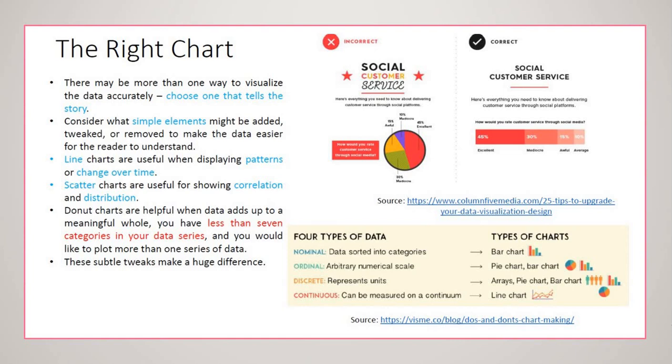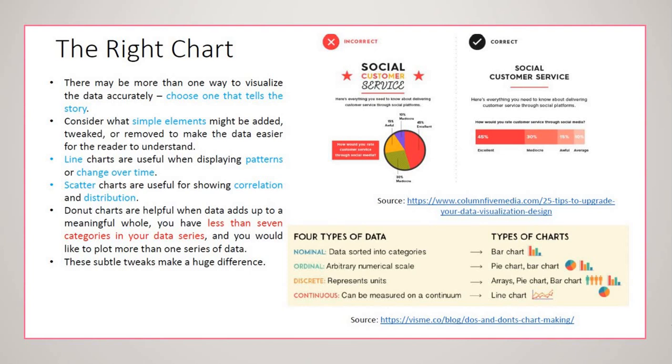Okay, so pilih yang mana dapat menyampaikan apa yang you nak sampaikan tu dengan baik. So consider what simple elements might be added, tweaked or removed to make the data easier for the reader to understand. Untuk memudahkan orang memahami apa yang kita nak sampaikan.